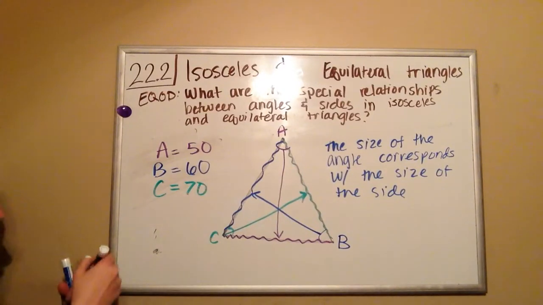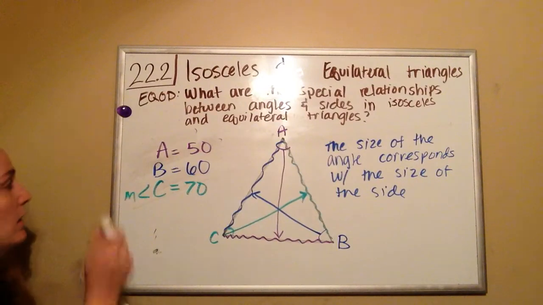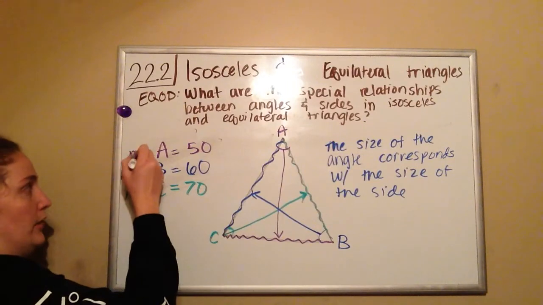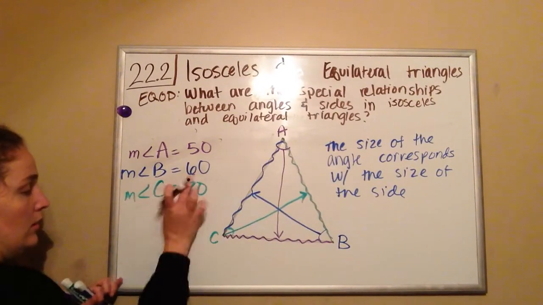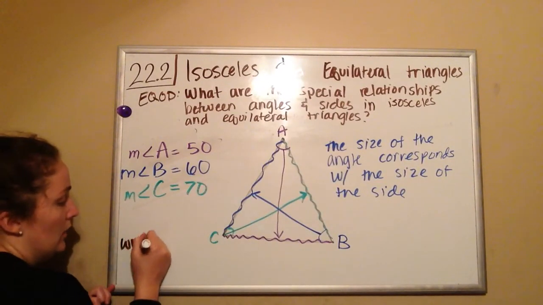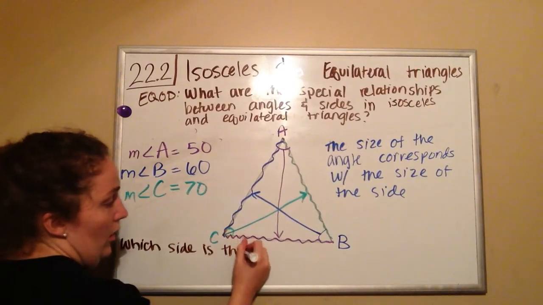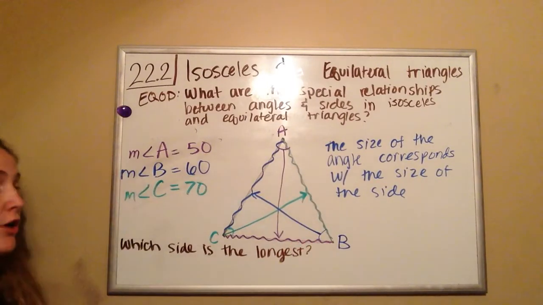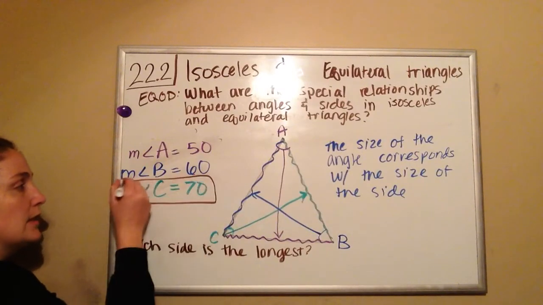Okay, these are the angles, right? The angle measure. Measure of angle C. Measure of angle B. And measure of angle A. So if that is true, and I'm asking which side is the longest, the longest side is going to correspond to the largest angle.